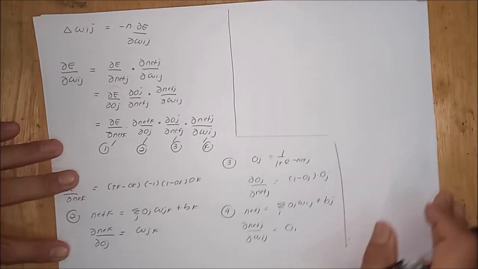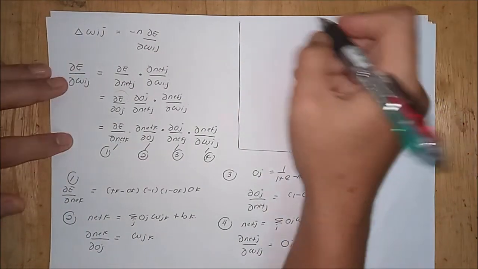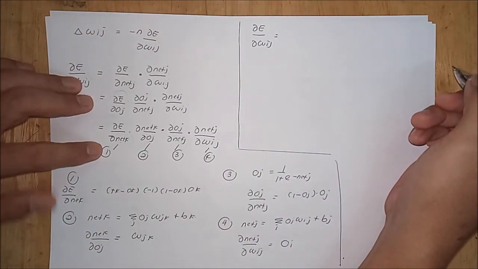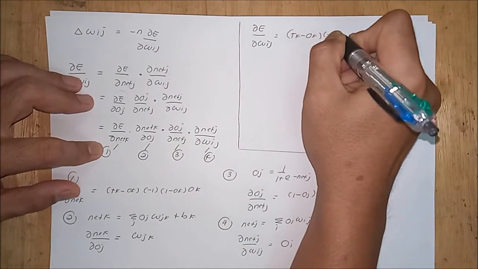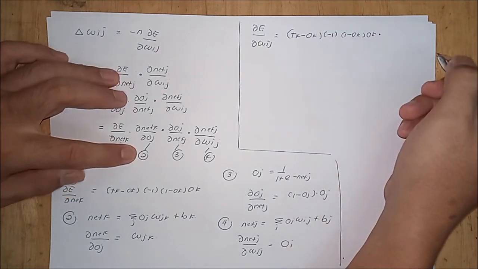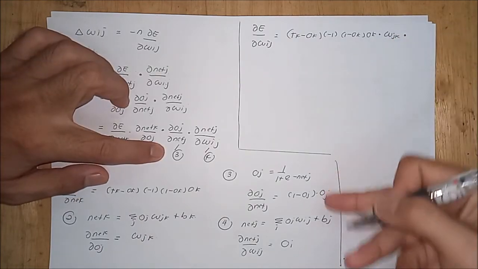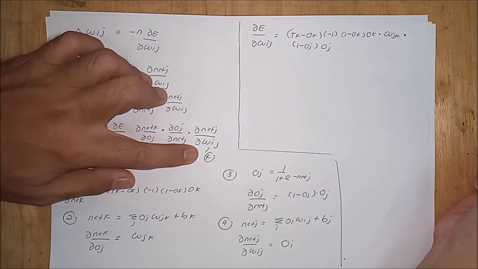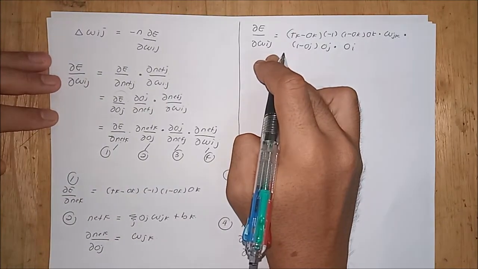So our dE over dWij is equal to the first part of the equation, tk minus ok, negative 1 minus ok, times part 2, which is wjk, times part 3, which is 1 minus oj, and then part 4 becomes oi. So this is the dE over dWij.